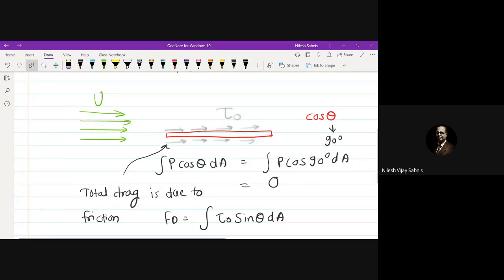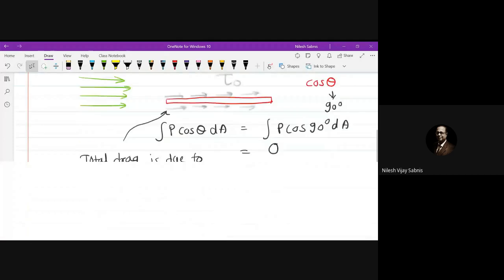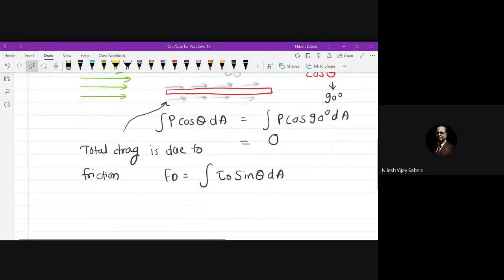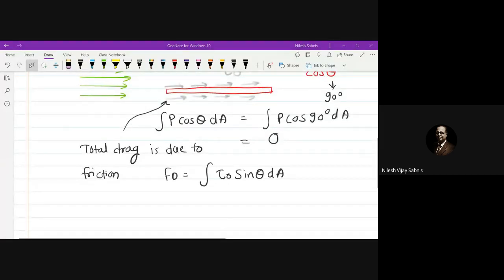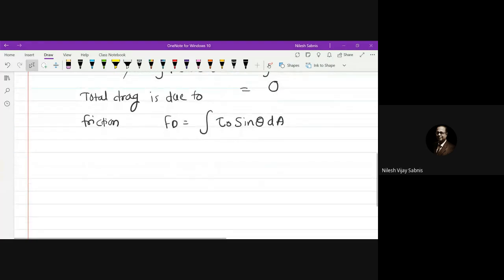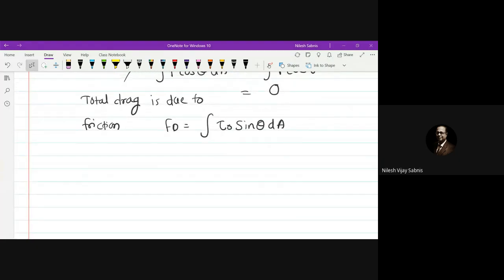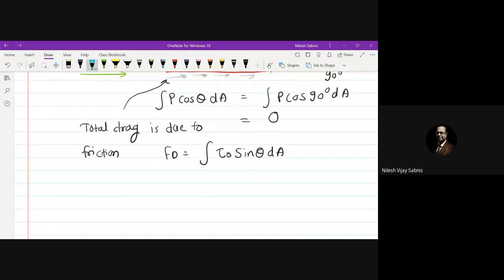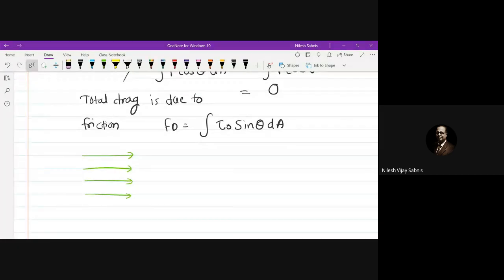Then if we do the opposite condition, where the flow is like this and we keep the plate perpendicular to it, what will happen?